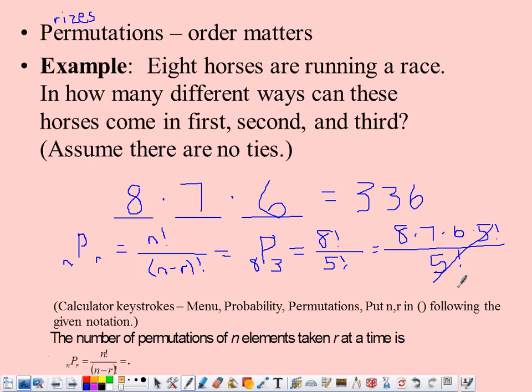So the permutation formula is the same as the fundamental counting principle. You can just say, how many spots do I have? Just go down by 1. How many choices do you have for each spot that you're talking about. So you do need the permutations formula.